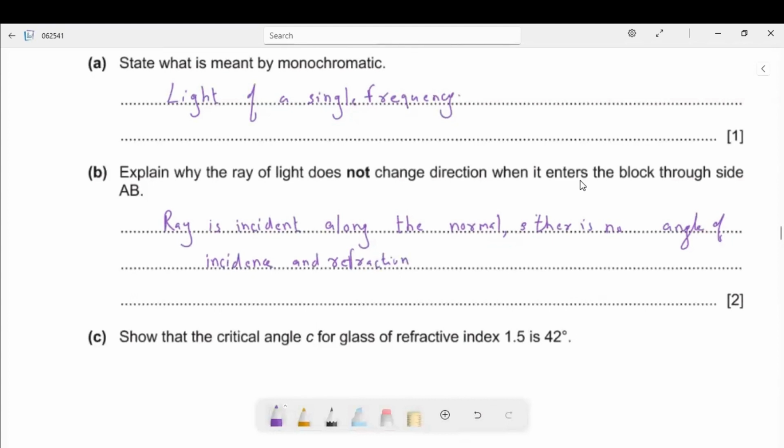Or we can say this is the curved path and it is along the same line as the normal, or it is hitting at 90-degree angles.